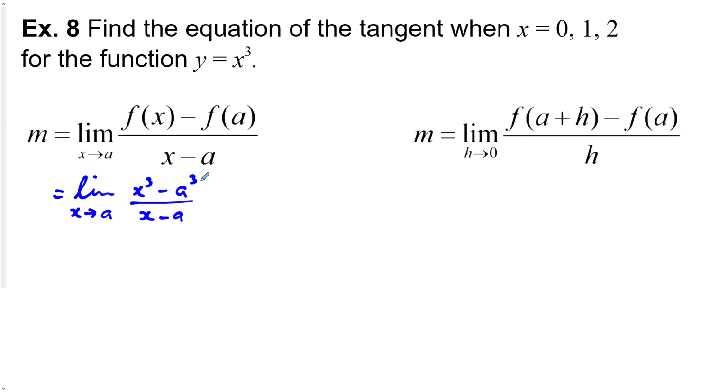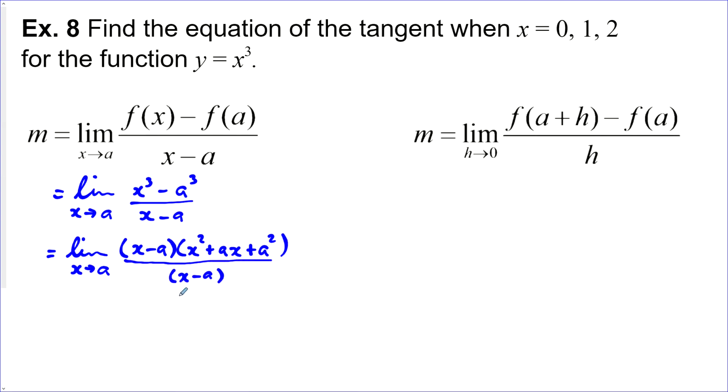We need to factor this difference of perfect cubes, so we have the limit as x approaches a, and we do SOAP: same sign, then opposite sign, and then always positive, to factor that. And it's all over x minus a.